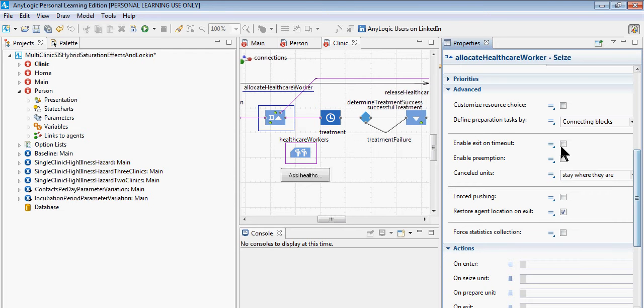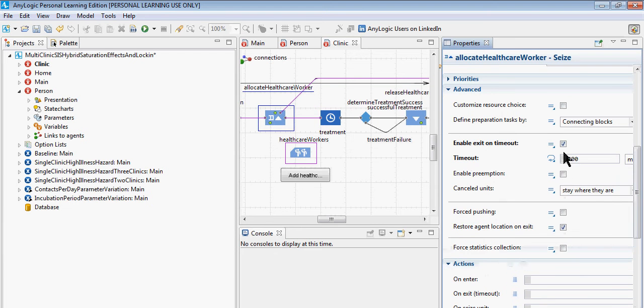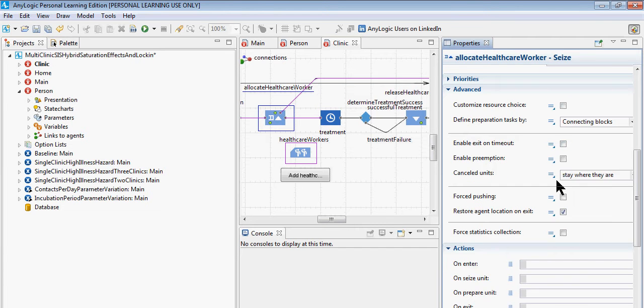We could also naturally have more than one type of resource that's needed. Maybe we have nurses that are needed for certain stages of the process, physicians for others, rooms for other cases or pieces of diagnostic equipment. All of that is readily doable within the confines of discrete event modeling.